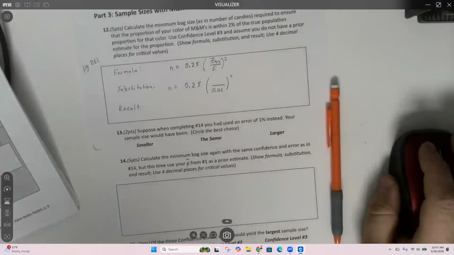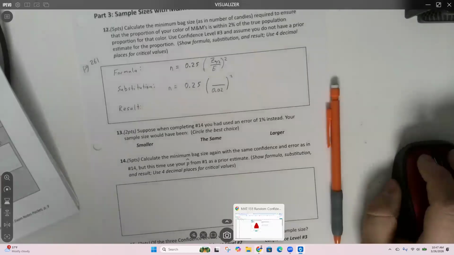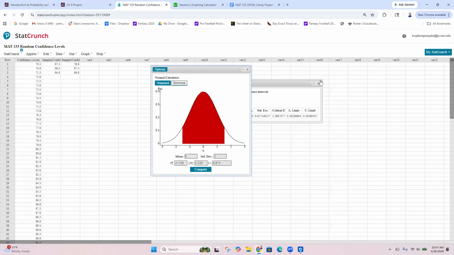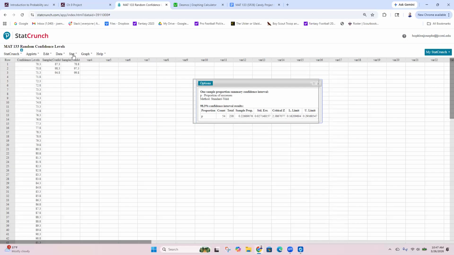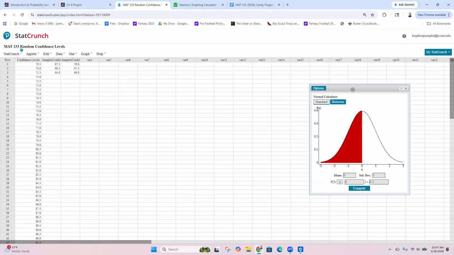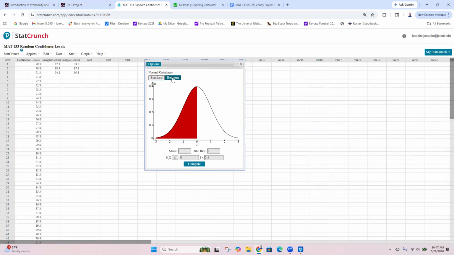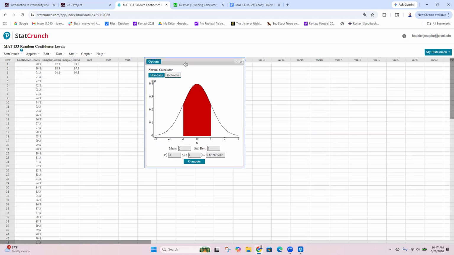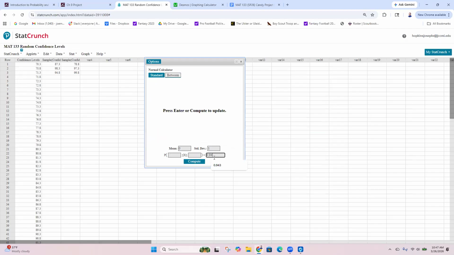So let's go to StatCrunch. You're going to do Stat, Calculators, Normal. We're going to switch to Between. Confidence intervals are always between. And you're going to put in your confidence level that you want. I want 94.8.